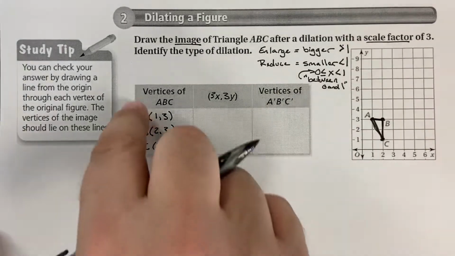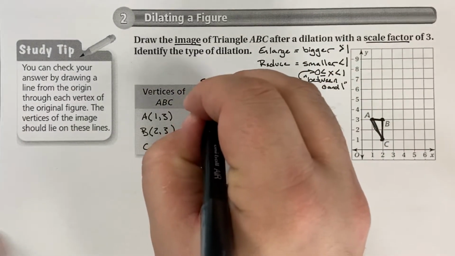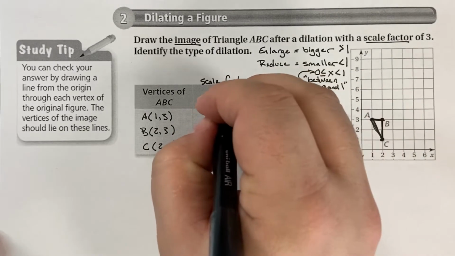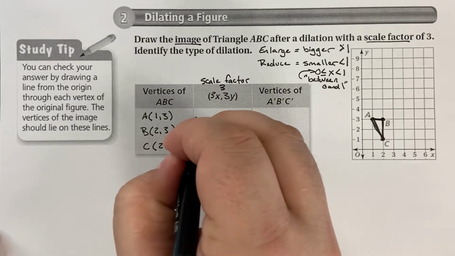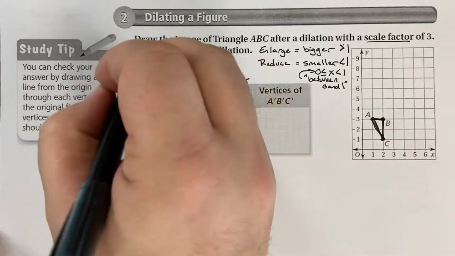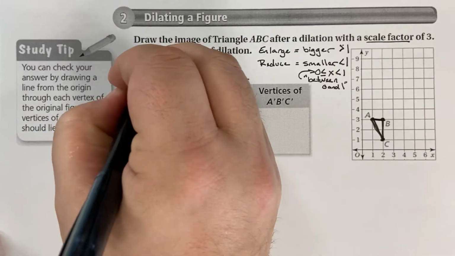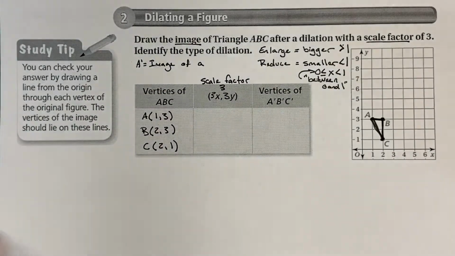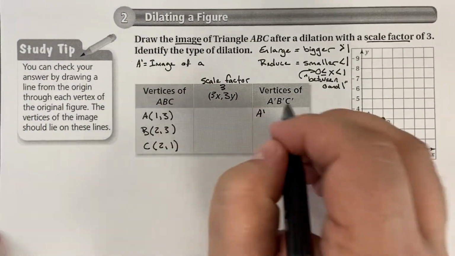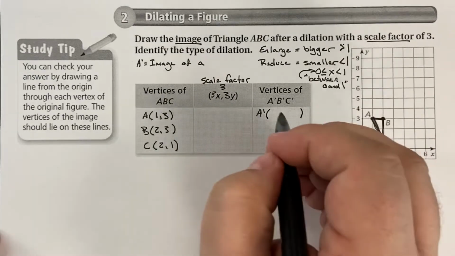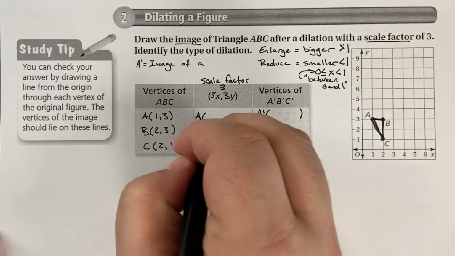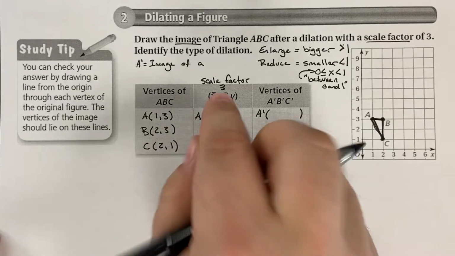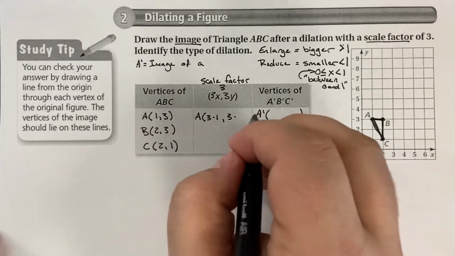All right, so if we're going to use a scale factor of 3, that means we're going to find our image. By the way, the way we write image is like A prime is the image of A. So A prime comes from taking A and then 3 times our x value of 1, and 3 times our y value of 3.